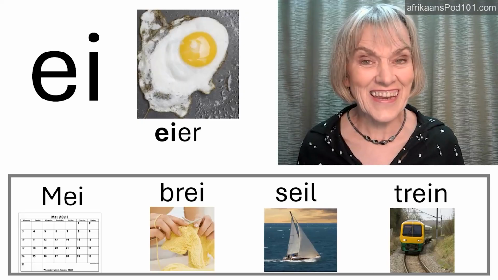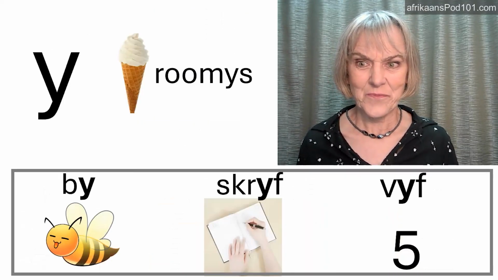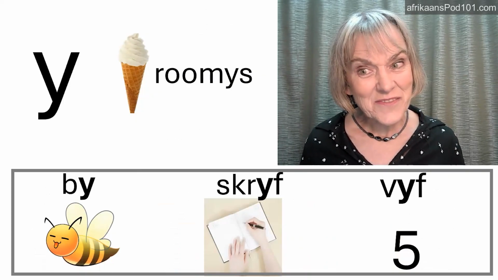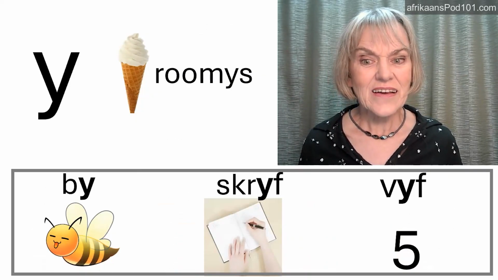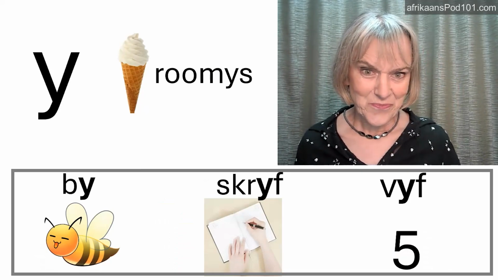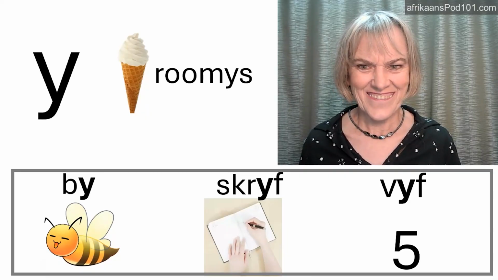Same pronunciation in English, but you spell it with an EI instead of an AI. The other one, a Y: roomys, by, skryf, en vyf. So there's your little spelling lesson as well.